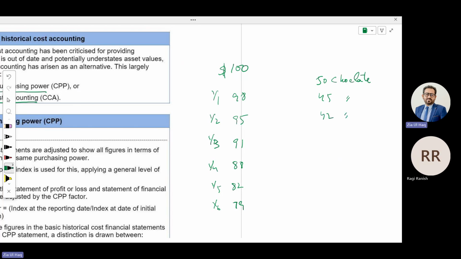Why? Due to the increase in price. This $100 is the value of 50 chocolates. After year one, its value will be equal to 45 chocolates. After year two, its value will be equal to 42 chocolates. That's why the value of 100 will be reducing over the years.